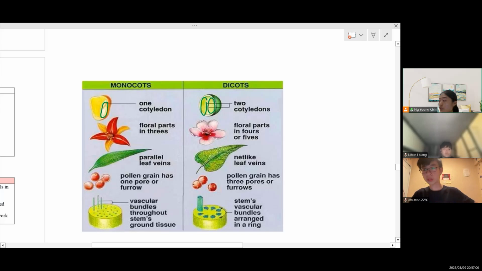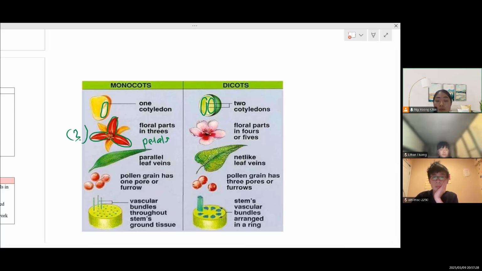Okay, and also the monocotyledons, they have three petals. Petals means 花瓣, okay? Dicotyledons, they have more, remember? This question always comes out in the exam.